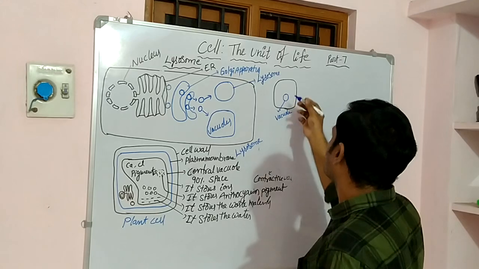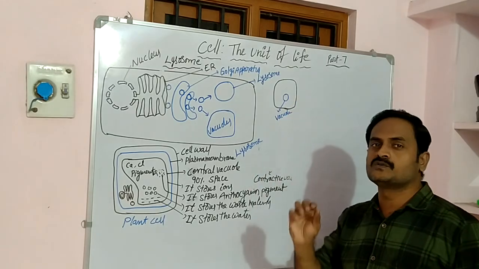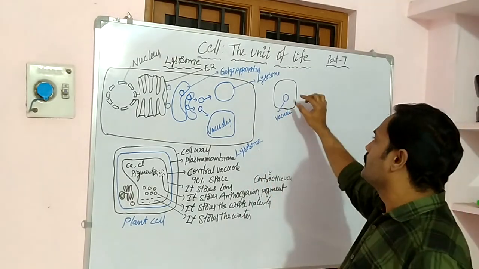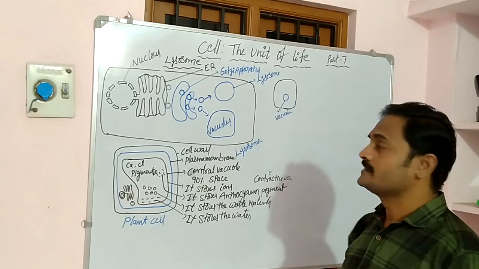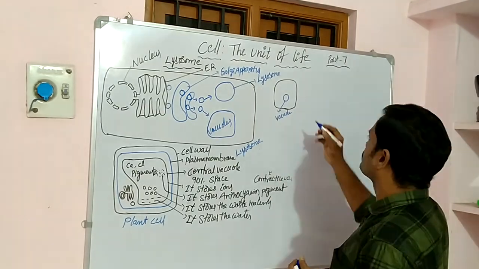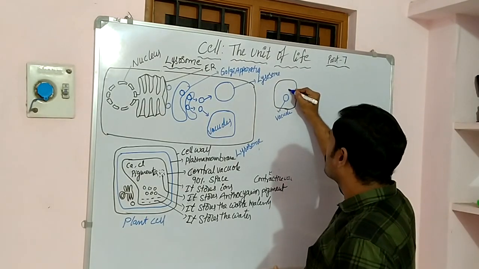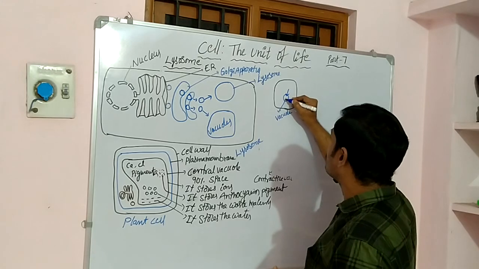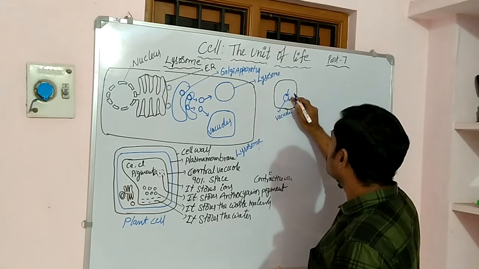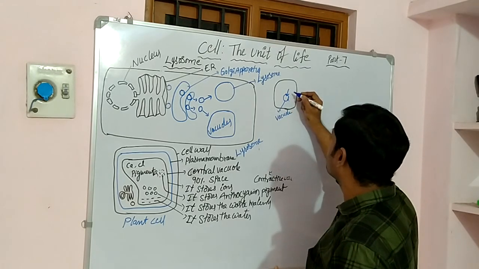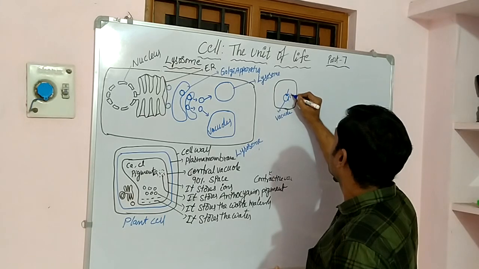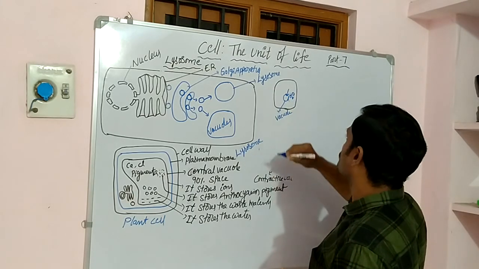Compared to other cell organelles, the vacuole is also small in the early age cells. Then what will happen here? The water enters into the vacuole.